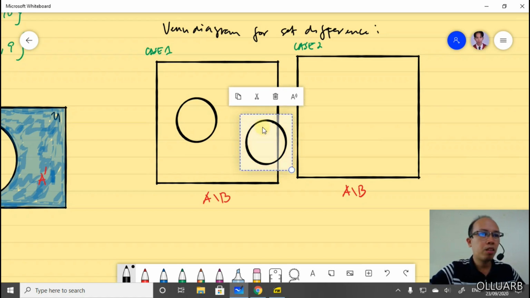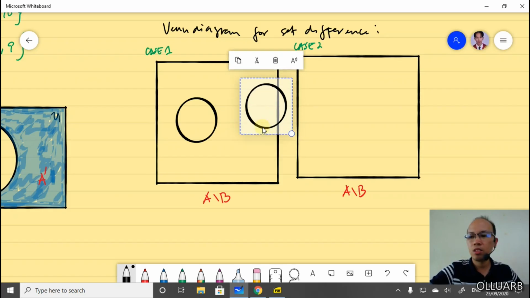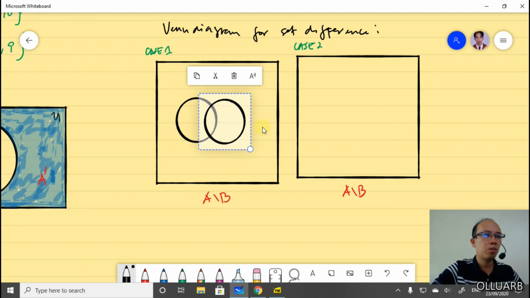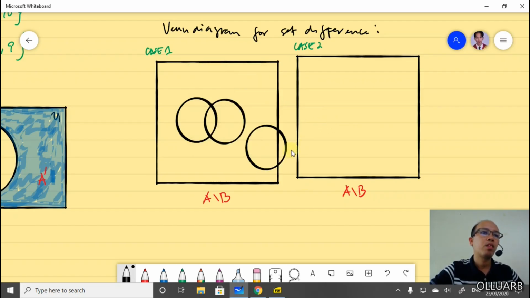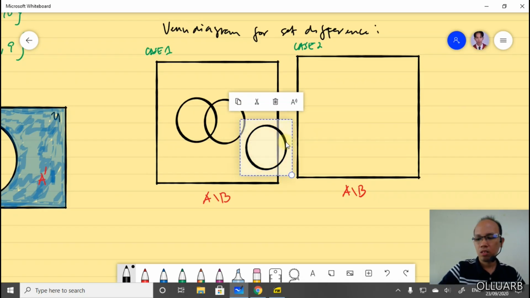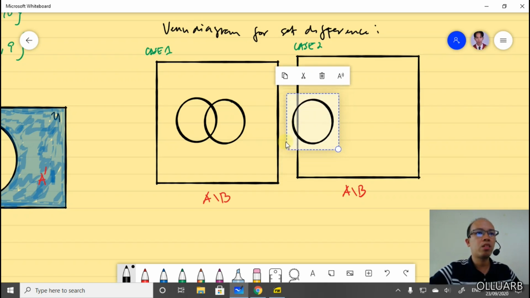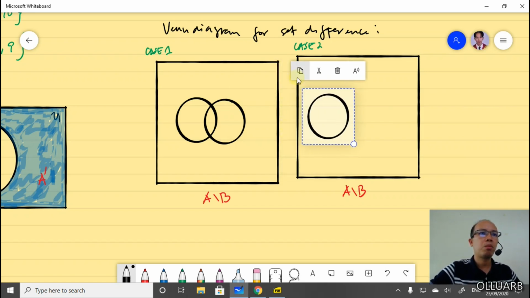If you have a case like this, let's copy and then paste. Let's move this to the other side. Copy, paste.